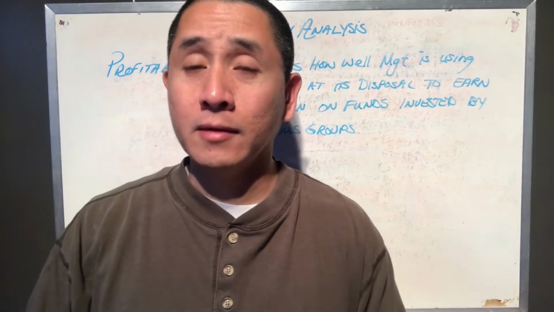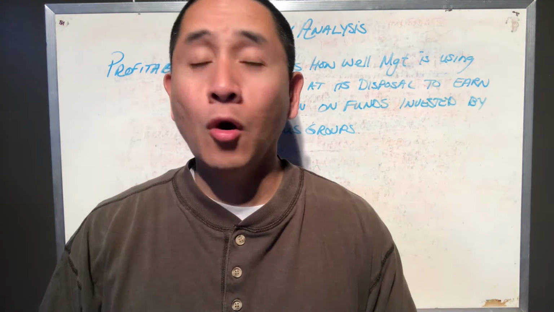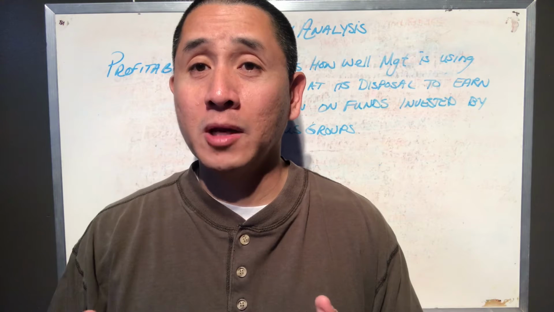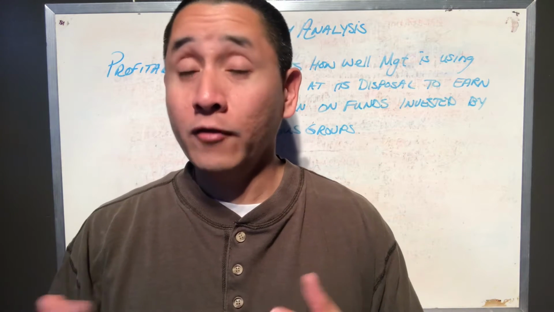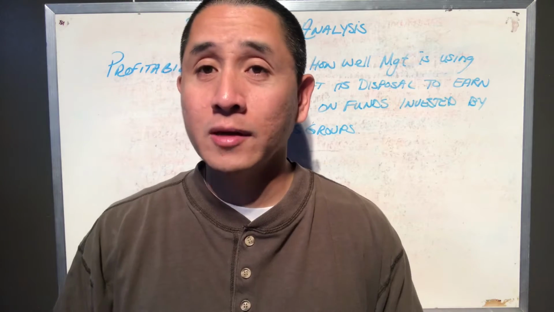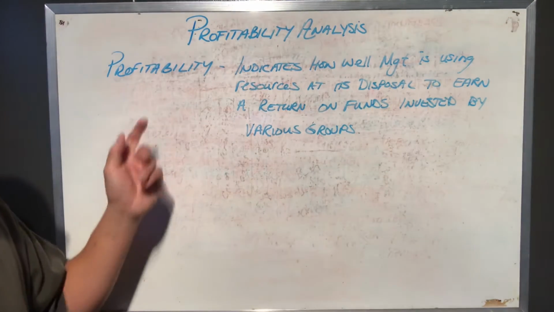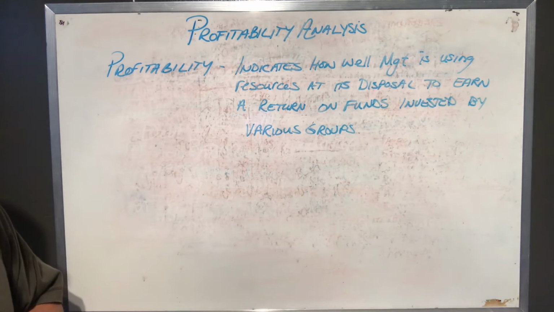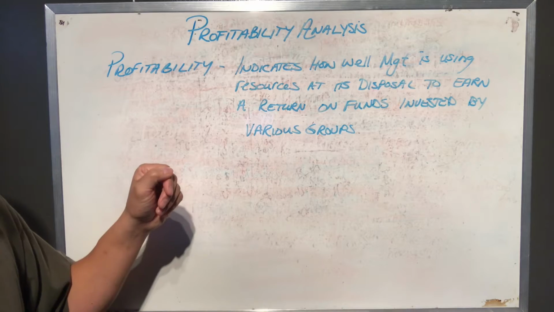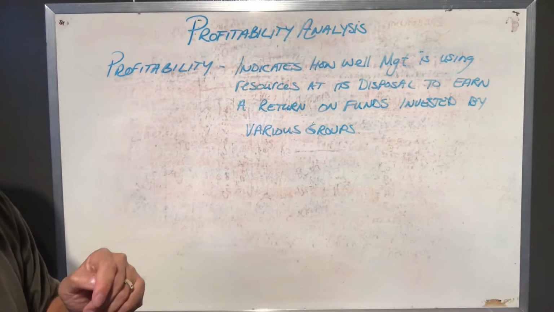So profitability, when businesses operate, everyone's hope, especially the upper management, is that the company will be profitable. So what does that entail? It entails a lot of work, obviously, but let's go through what we mean by profitability. So profitability indicates how well management is using resources at its disposal to earn a return on funds invested by various groups.